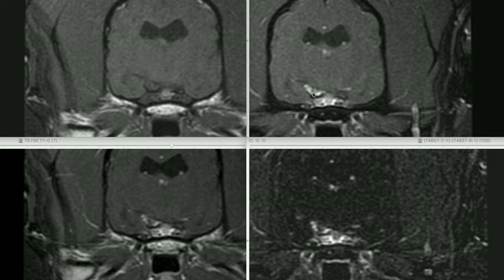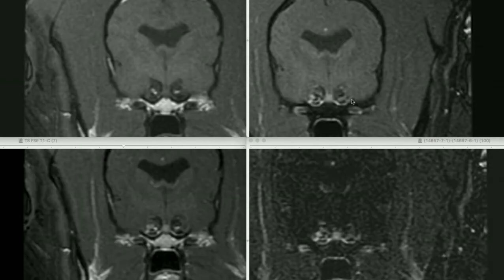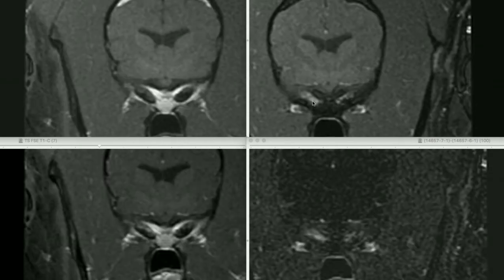So it appears to be involving the region of the oculomotor nerve, which is here. But additionally, we have this focal area of meningeal enhancement adjacent to it. Going rostrally, we can see that actually this is the orbital fissures, and we can see that there's asymmetry in the enhancement of the orbital fissures.